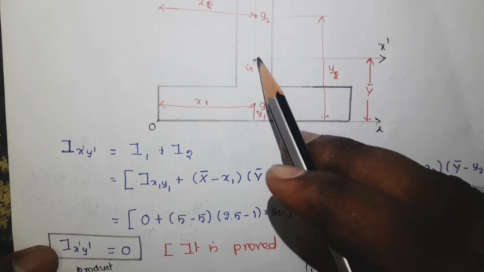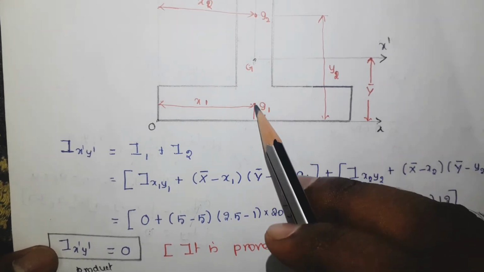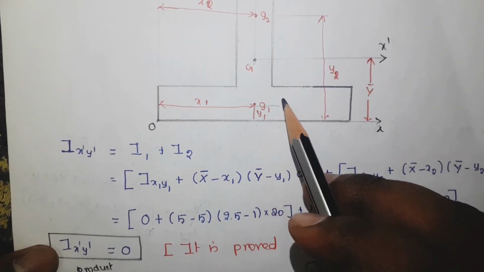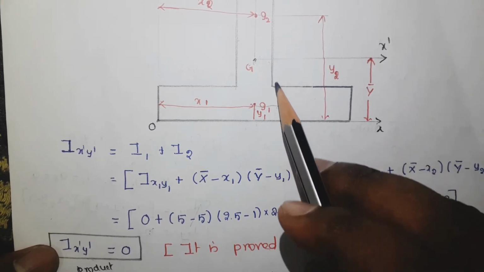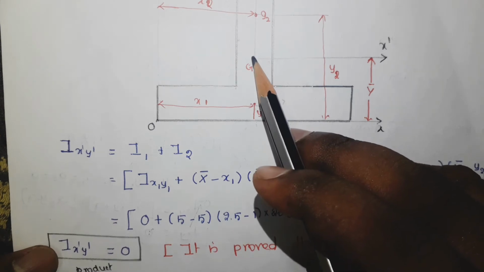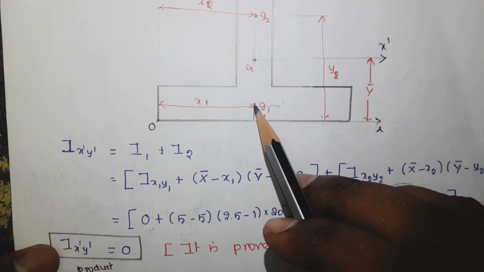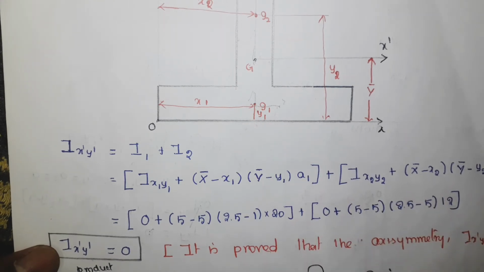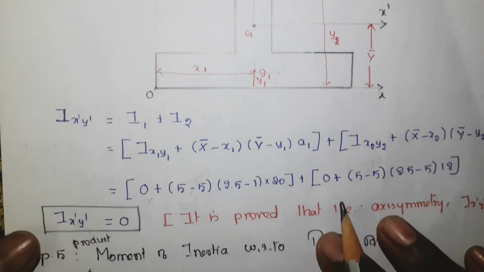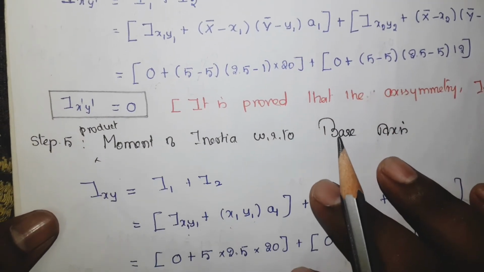Now you see here, these two are parallel to each other. If we take this x axis, now x dash as well as this x, both are parallel to each other. Similarly the y axis, this is y and here is also y. These two are parallel to each other, so I am going to use the parallel axis theorem.